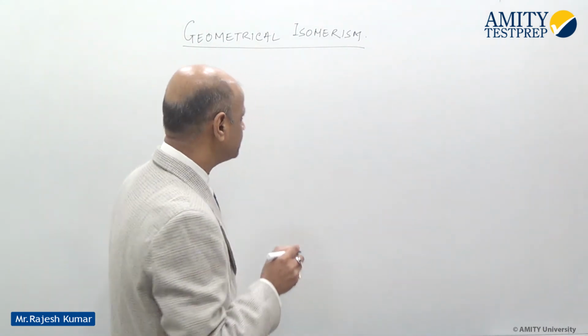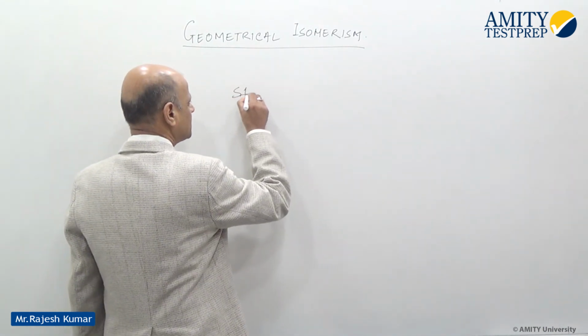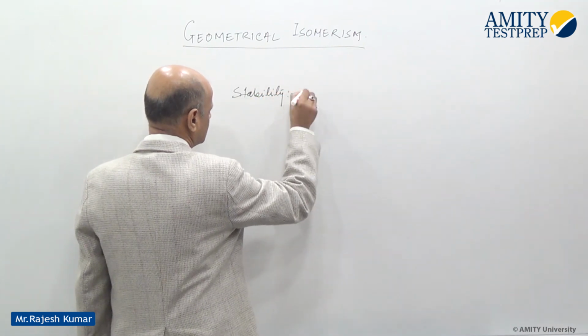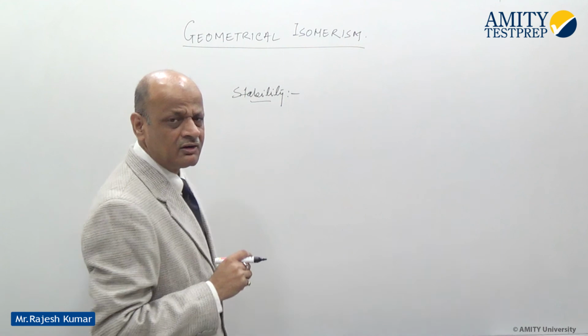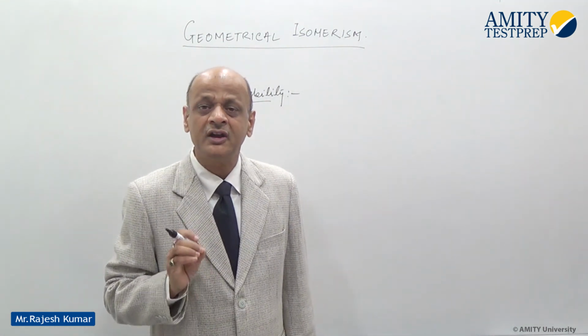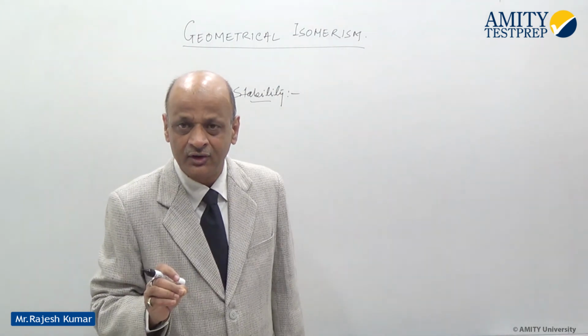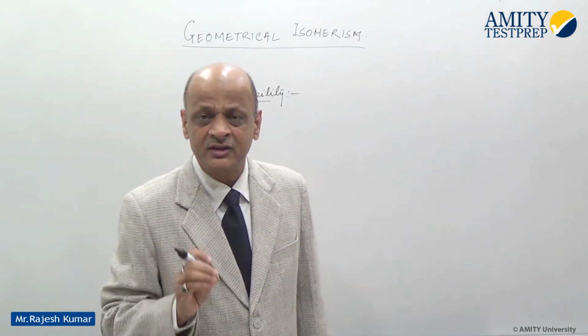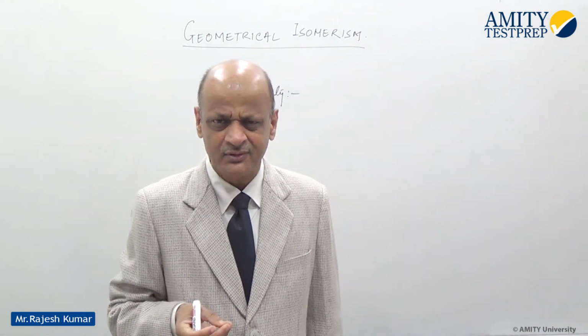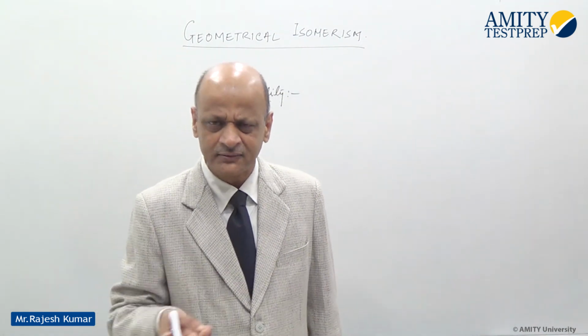Now, stability. Trans form seems to be more stable than cis form because it makes the molecule symmetrical in nature. So trans form is more stable than cis form. There are some characteristic features of geometrical isomerism. We will discuss them one after another point wise here.